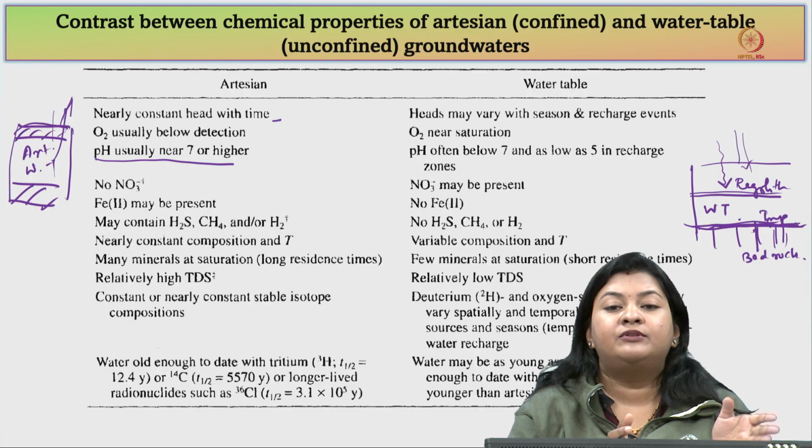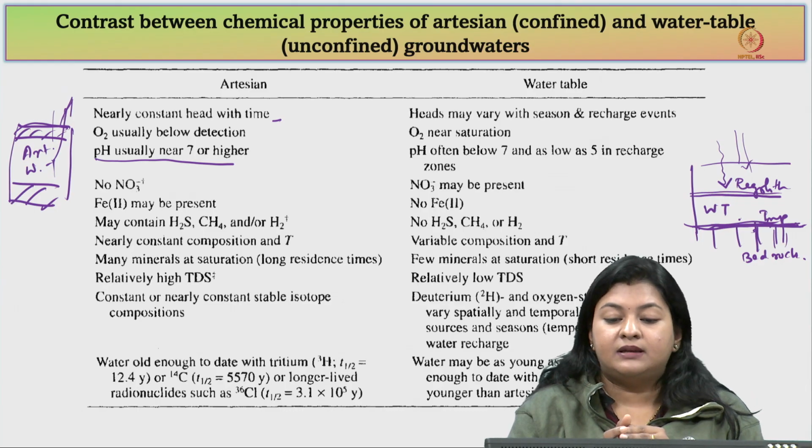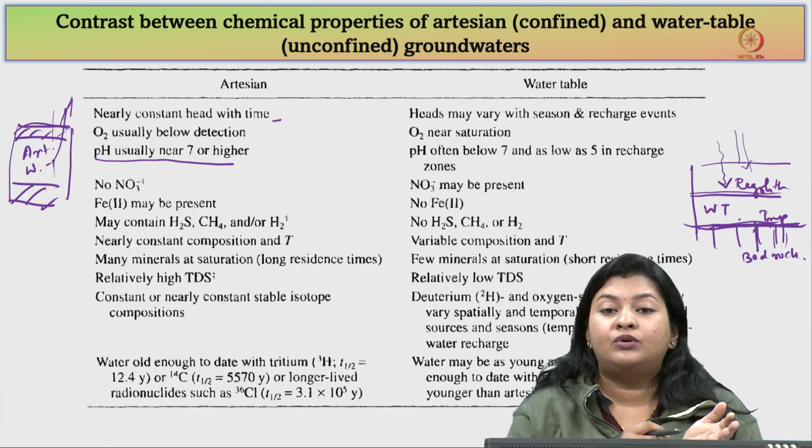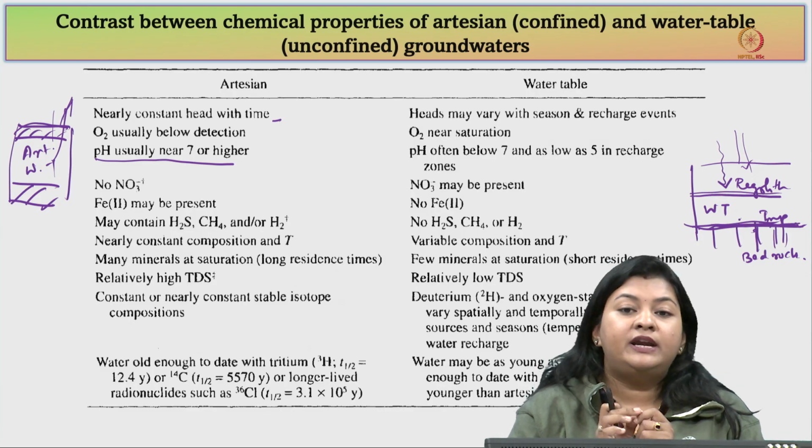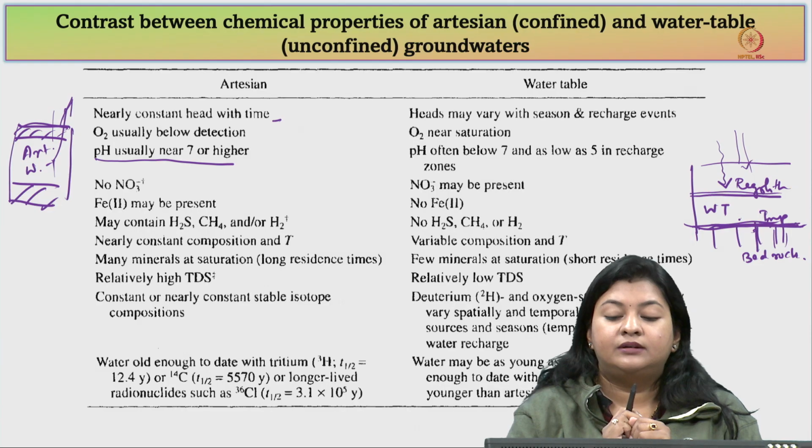So, they will have a pH which is more of the alkaline nature as compared to the water table, which has more rainwater coming in. Rainwater is slightly acidic, right.